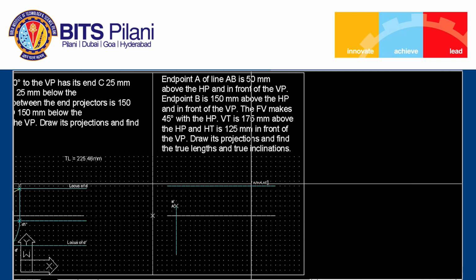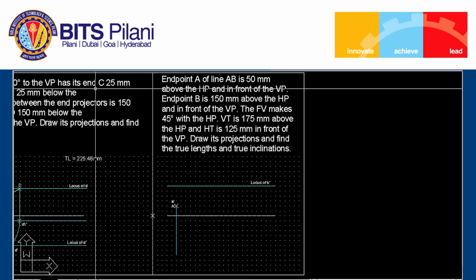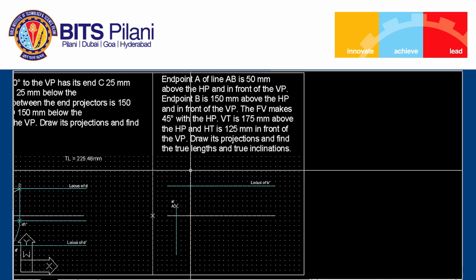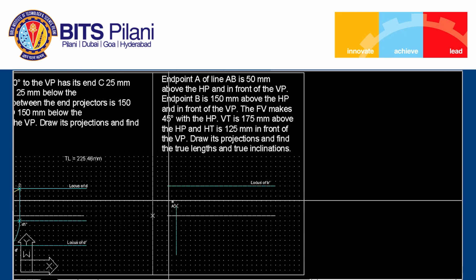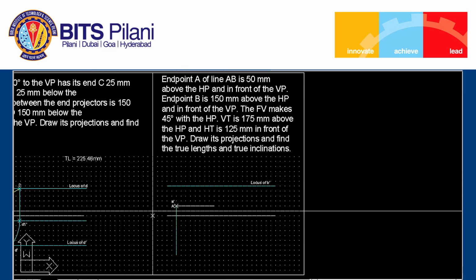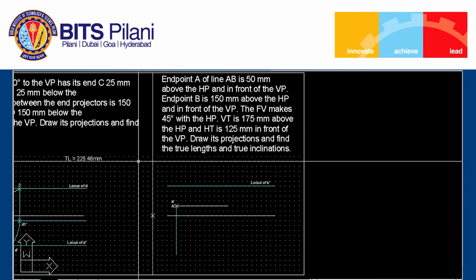It is the locus of B prime. Then we know the front view, so I can draw an arbitrary line which makes an angle of 45 degrees. The intersection of this line with the locus of B prime will give point B prime.